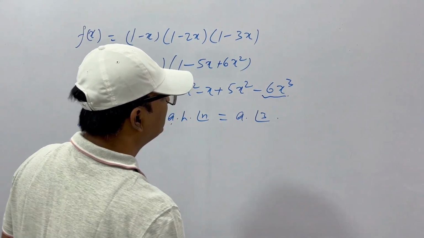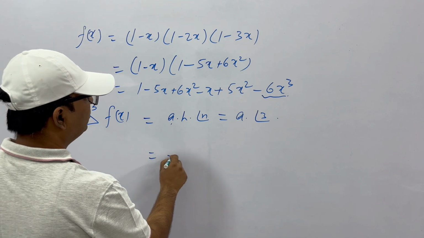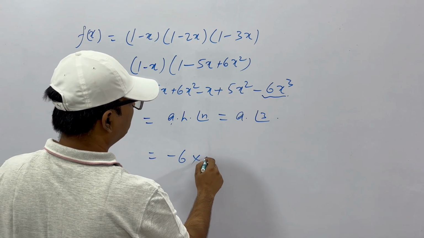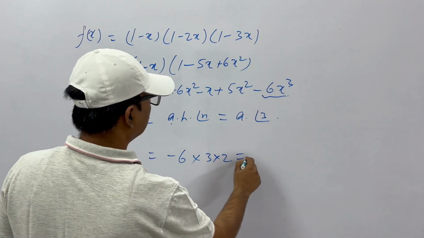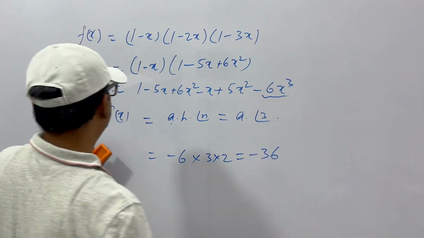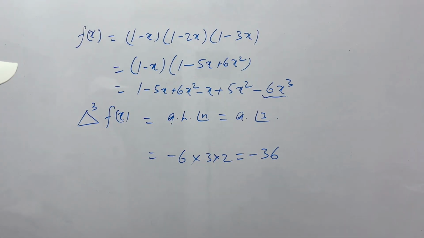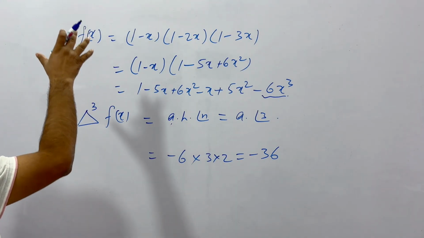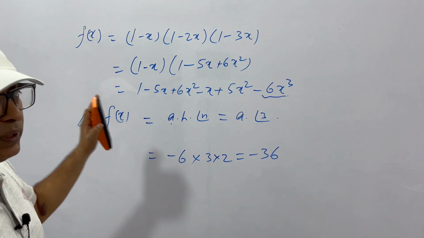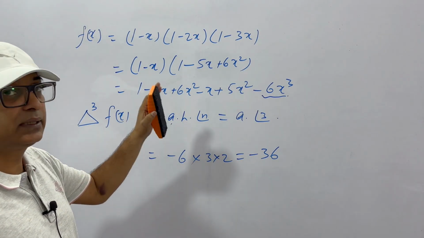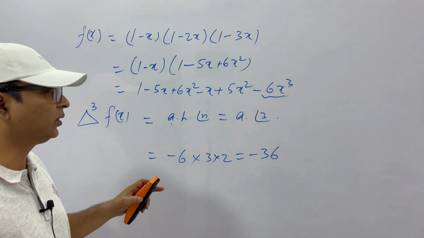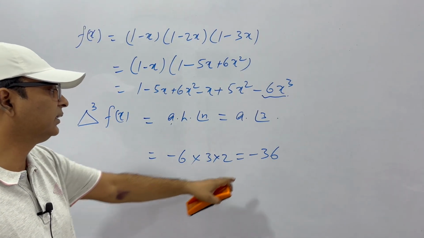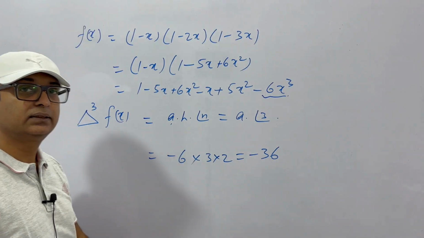So a is minus 6 here. So what do we get? Minus 6 into factorial 3, that is 3 into 2. So 6 into 6, 36. So del 3 of f(x) is minus 36. That is, if you have this function and you tabulate it in the forward difference table, in the third difference column, you will get all the terms equal to minus 36. Okay.